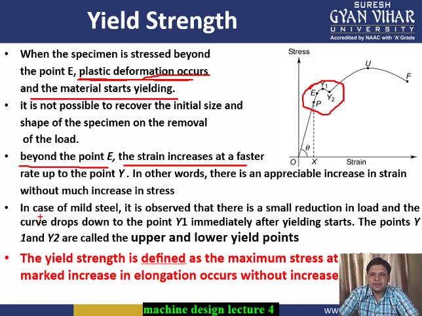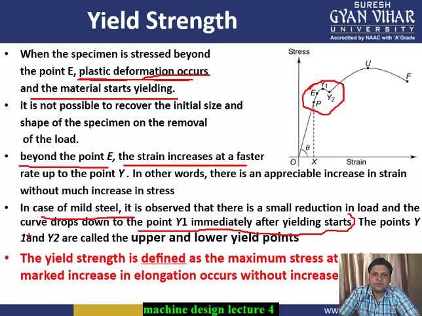Now in case of mild steel, it is observed that there is a small reduction in load and the curve drops down to point Y1 immediately after yielding starts. This happens only in case of mild steel.